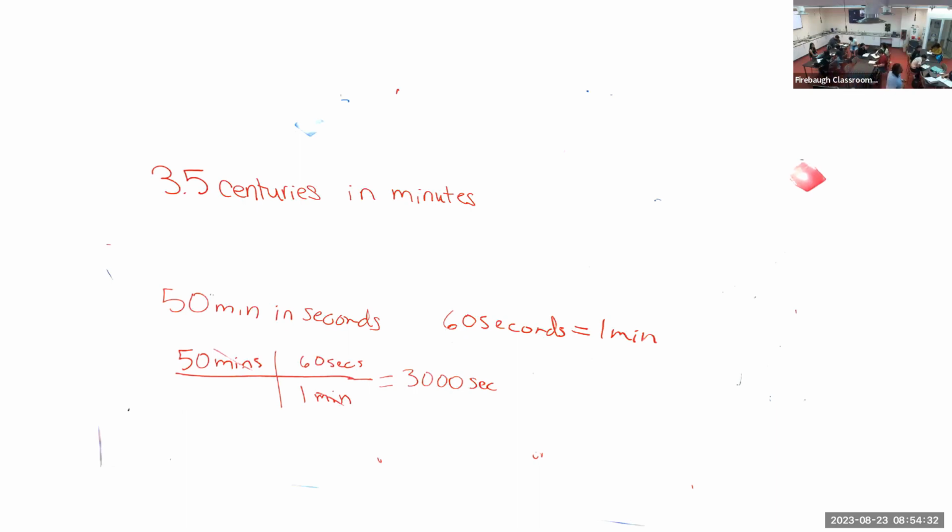Okay? So let's talk about some of the conversions that we need to know. How many years are in a century? 100. So 100 years equals 1 century. Okay?